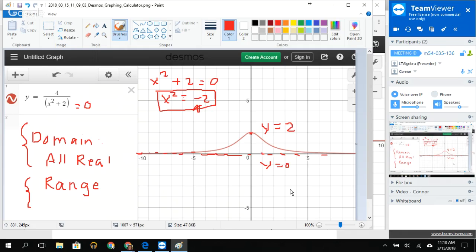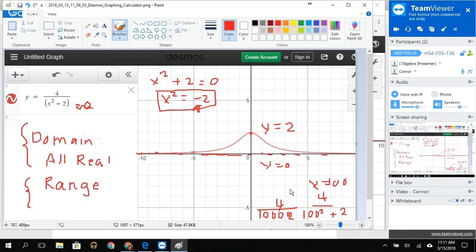If I have a really big x, like x equals 100, and I put it into my equation up here, I'm going to have 4 over 100 squared plus 2. So I'm going to get a really, really big number at the bottom over 4.